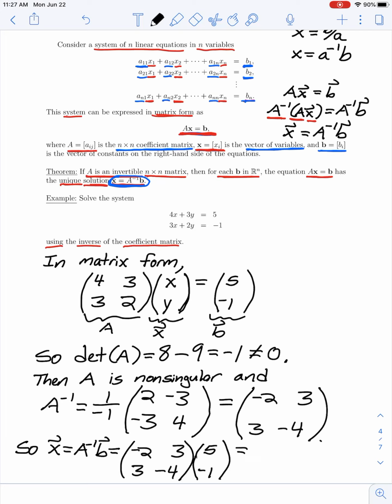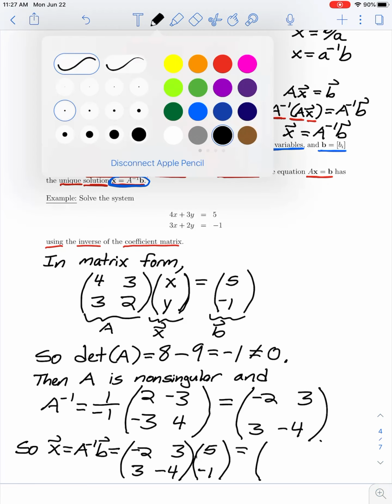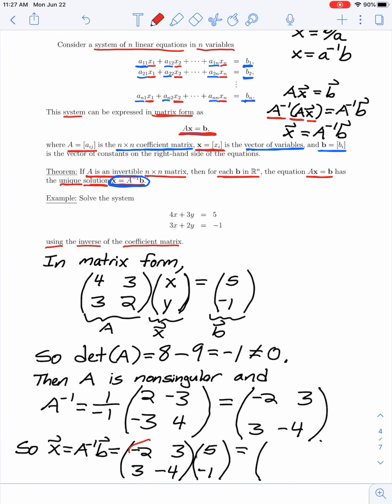So here we have the product of a 2 by 2 matrix with a 2 by 1 vector. So that will give us back a 2 by 1 vector, where my first row, first column is found by taking the first row and first column, which is the only column of B in this case, and taking their dot product. So here we have -10 minus 3, so -13.